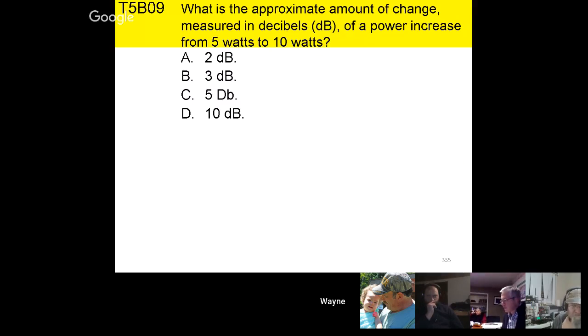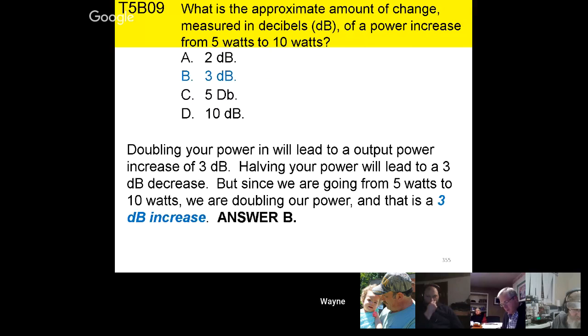If you're transmitting 5 watts and then you double it to 10 watts, you increase your amount of power by a certain number of decibels. When you double, it's typically 3 dB as a standard. So if you halved your power, say from 5 watts to 2.5 watts, you would get a 3 dB decrease. In this case, we're doubling the power, so we have a 3 dB increase. Your answer is B on this.